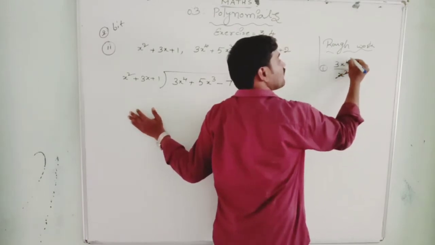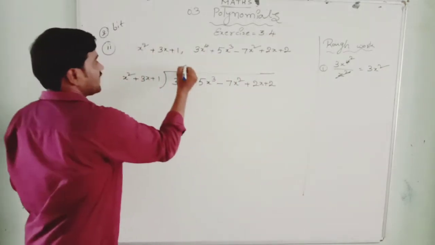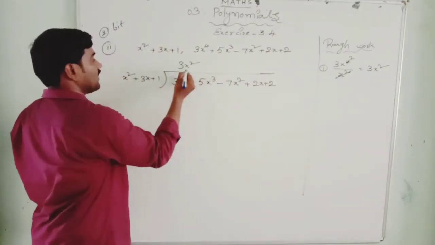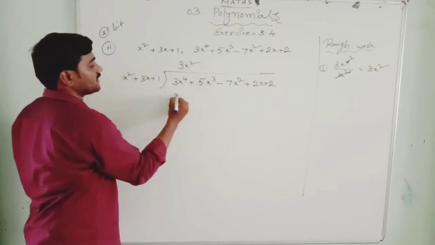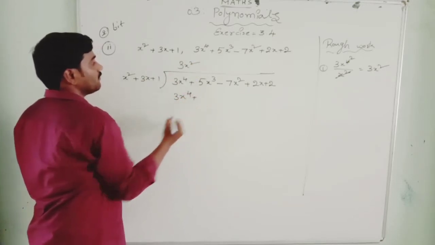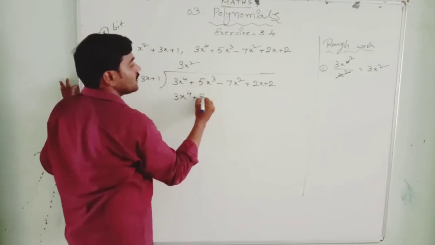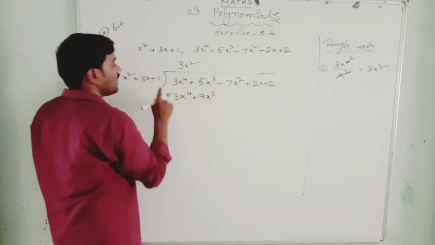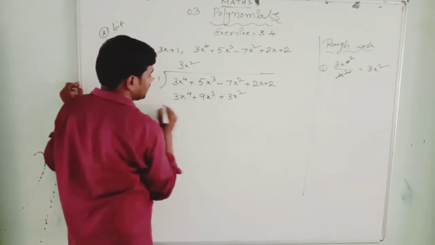x square cancels out of x to the power of 4, x square will be left over, that is 3x square. Let us write here 3x square. Let us multiply 3x square with x square, that is 3x to the power of 4, plus 3 threes are 9x cube and 1 into 3x square, that is plus 3x square.